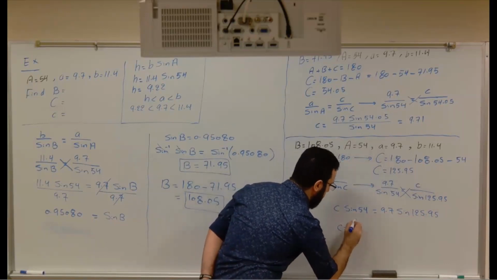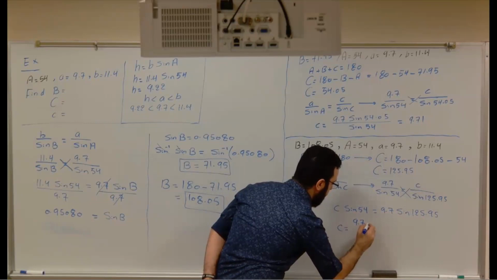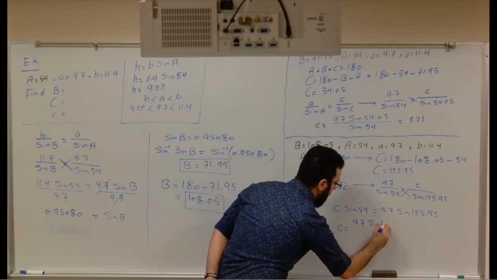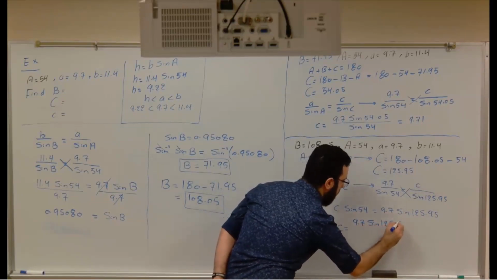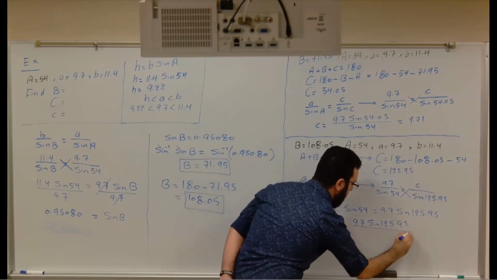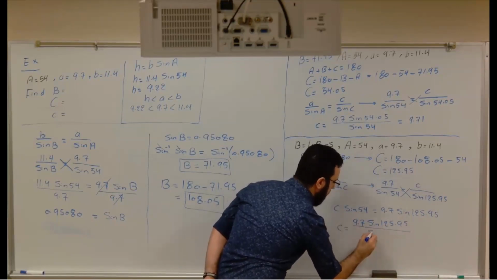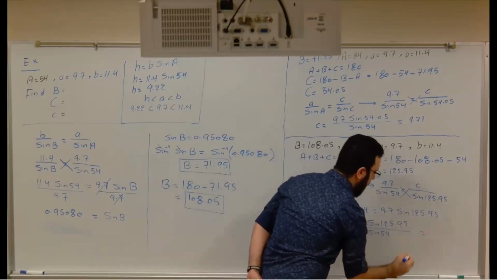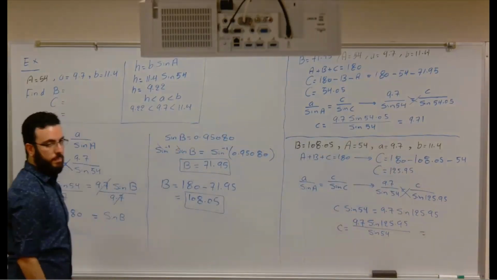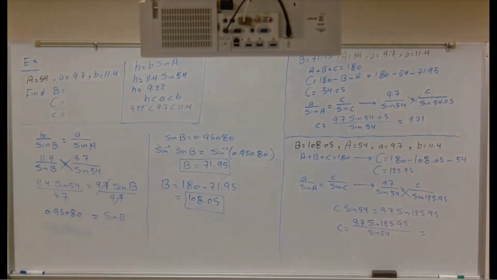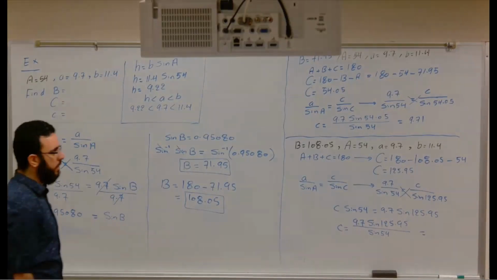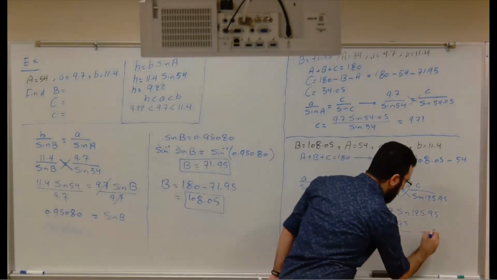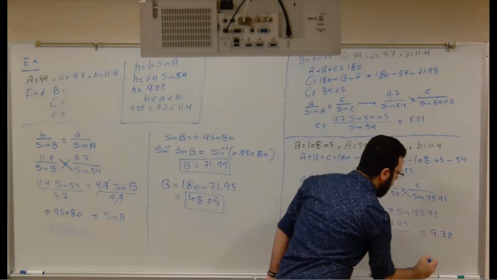That means C is going to be 9.7 sine 125.95 divided by sine 54. How much is going to be the side C? 9.32. That's it.